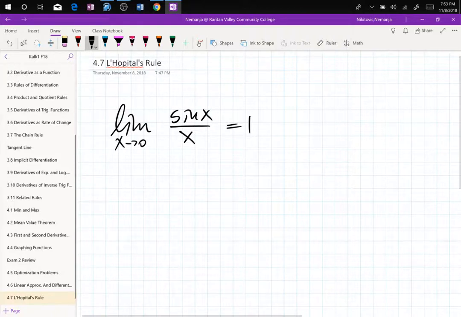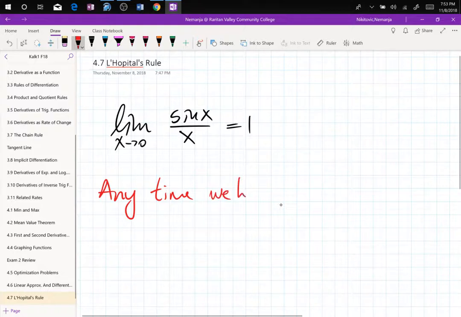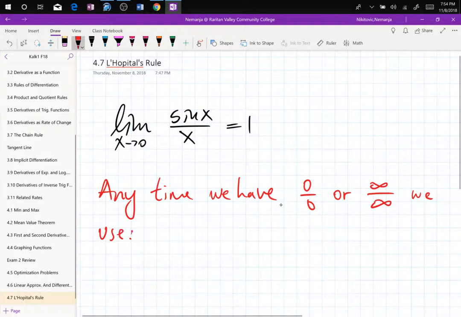So anytime, and we're going to do this in blood, anytime we have 0 over 0 or infinity over infinity, we use the following rule.